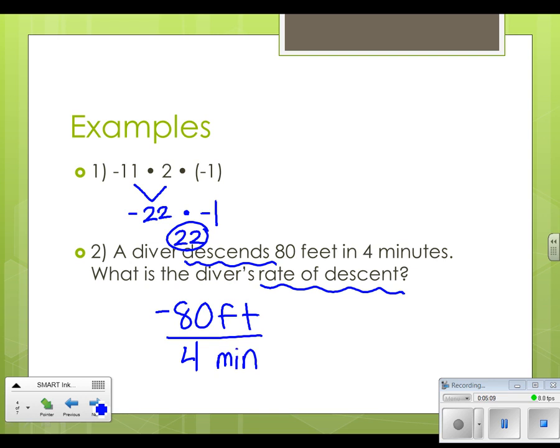So we're doing -80 divided by 4, which gives you -20. They're descending 20 feet per minute. That is the rate. So rate of descent is 20 feet per minute. That negative is showing us descent. If it's not there and you're saying in words the rate of descent is 20 feet per minute, that works, or the negative shows us that too.